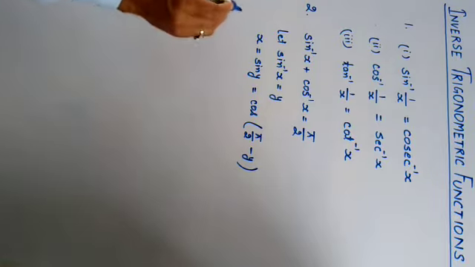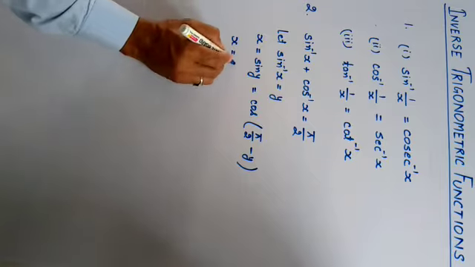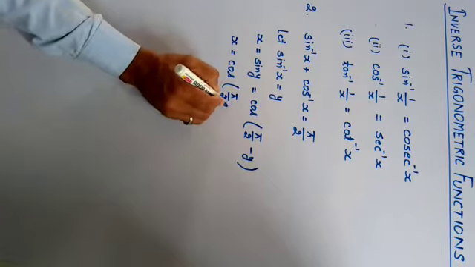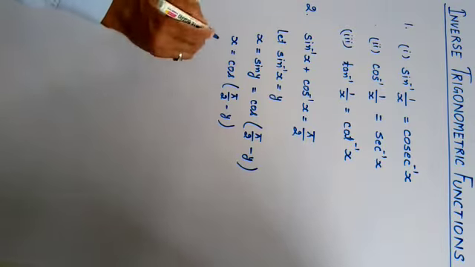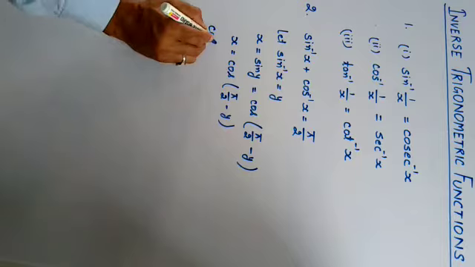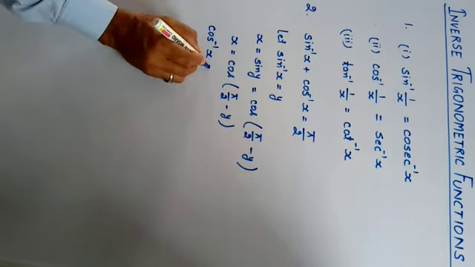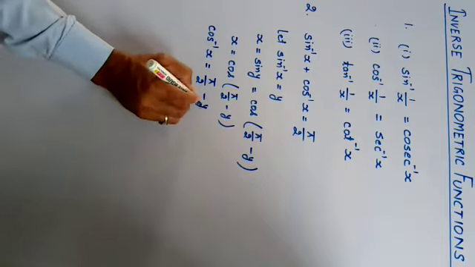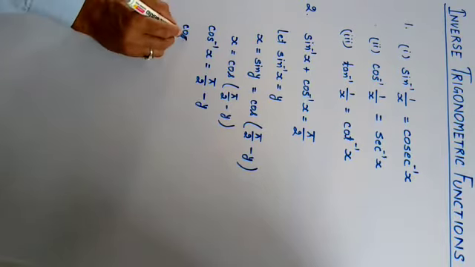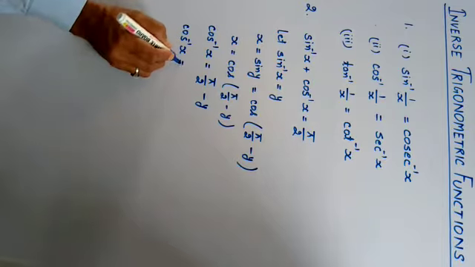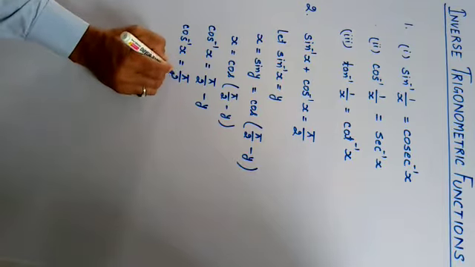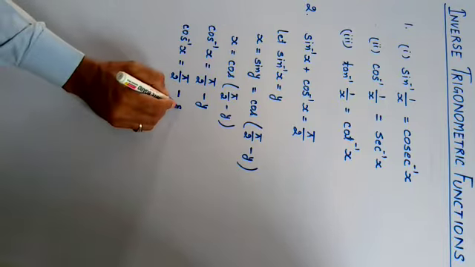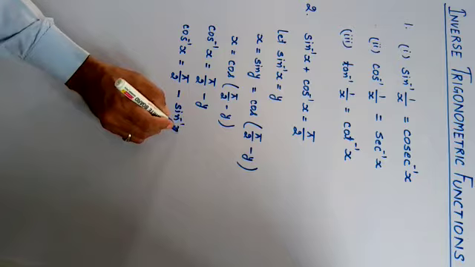So x equals cos of pi by 2 minus y. Now cos will shift here. We can write cos inverse x equals pi by 2 minus y. So cos inverse x equals pi by 2 minus, in place of y we can write sine inverse x.